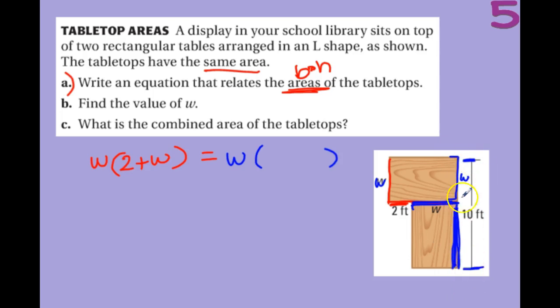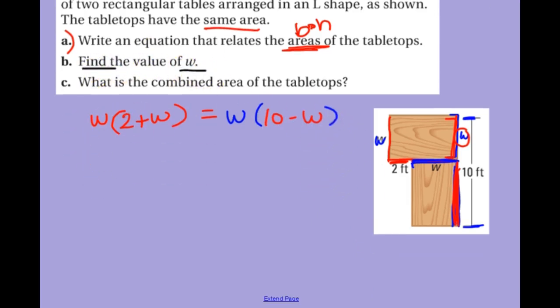So the whole thing is 10, and I only want this part. Couldn't I take away this w piece right here? So can I do 10 take away w? Would leave me with this chunk, right? So that's the length of the other side. So that's our equation.